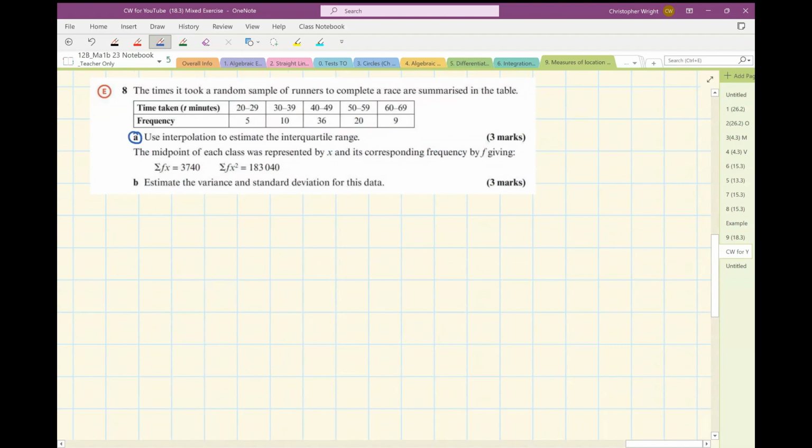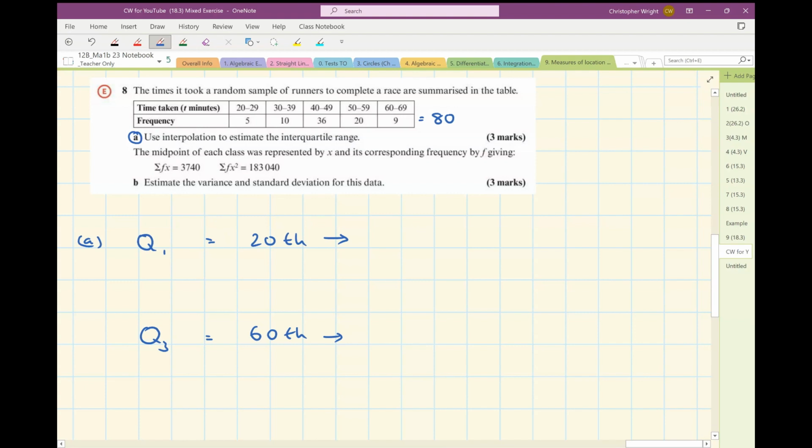Now I wonder how many runners there are here. Right. Add up those frequencies there, and I see there are 80 runners. So Q1 is going to be the 20th runner, and Q3 is going to be the 60th runner. So I need the time of the 20th runner and the time of the 60th runner.